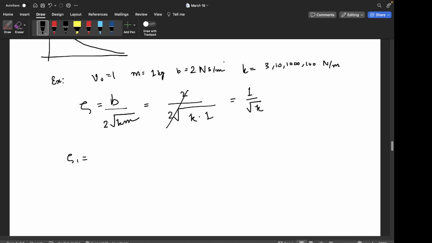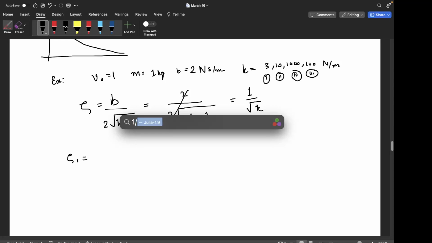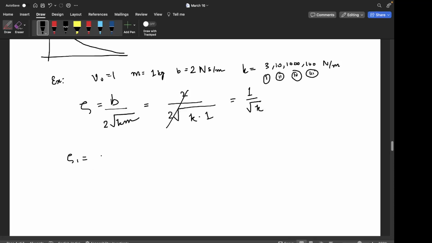So xi1 will be 1 by root k1, xi2 will be 1 by root k2. So 1 by 3 is 0.33, and note that xi is a dimensionless number. It's a ratio. Then 1 by root 10, okay, not 1 by 3, it's 1 by root 3.